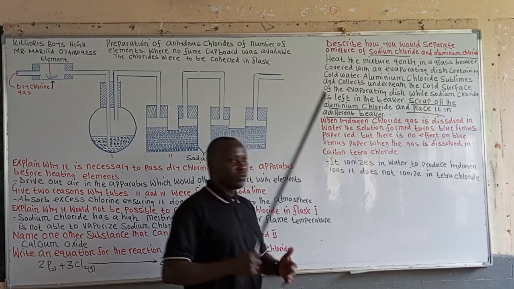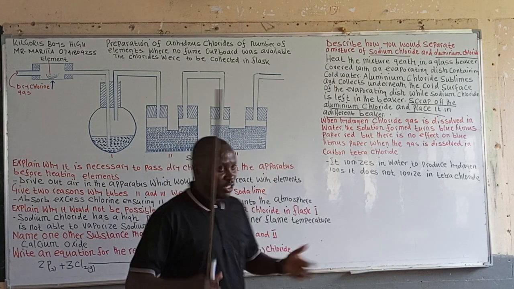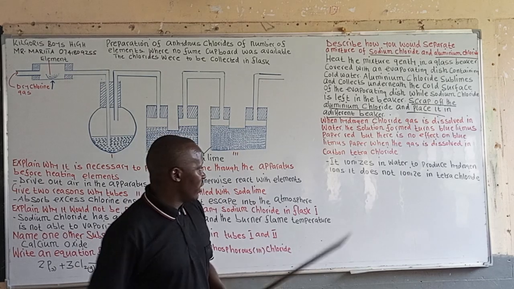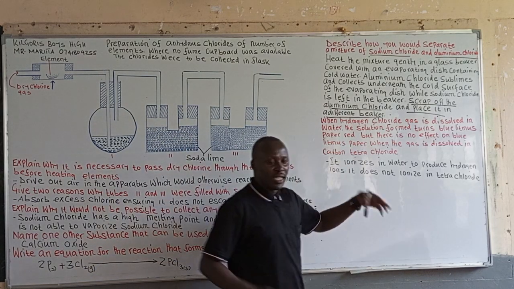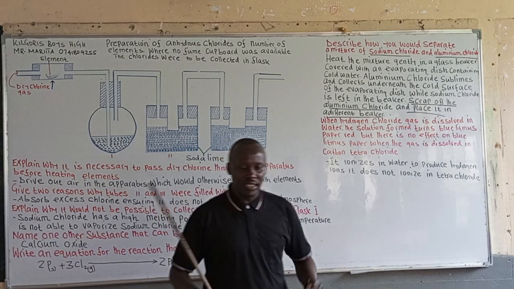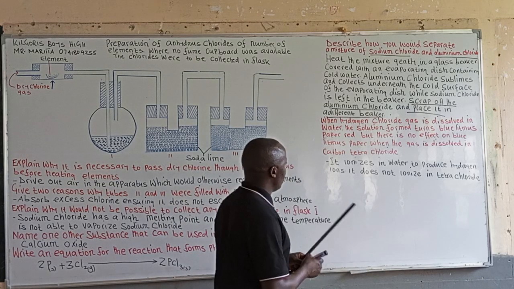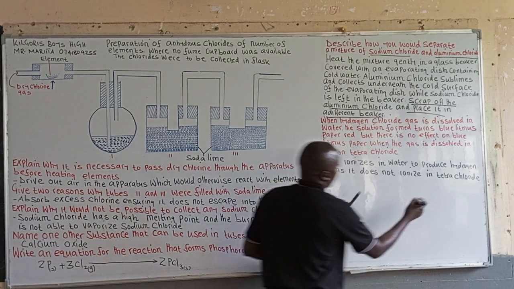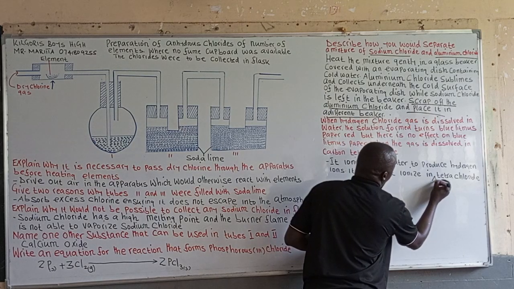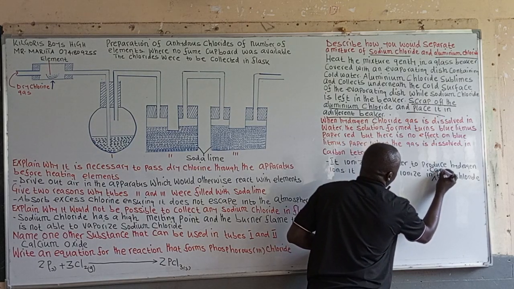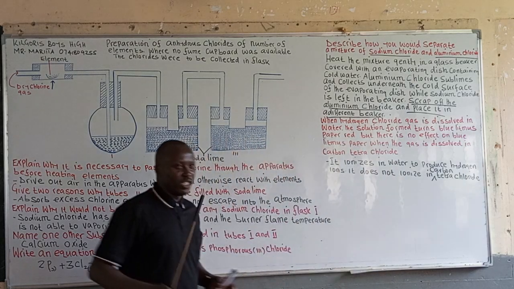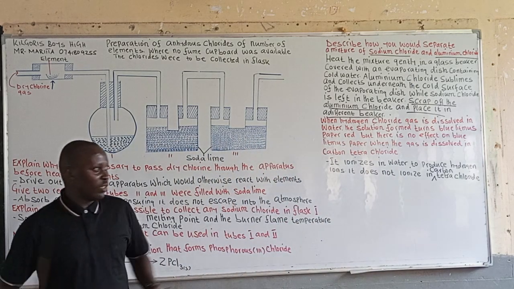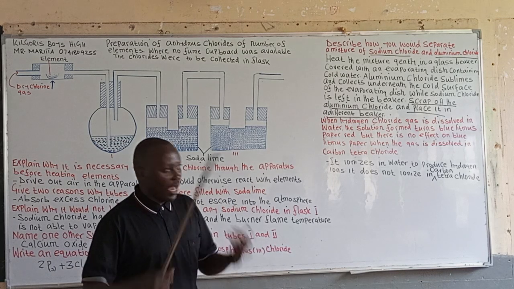So you have to say the hydrogen chloride in water ionizes, while in carbon tetrachloride it does not ionize. It exists as a molecule. In carbon tetrachloride, the hydrogen chloride exists as a molecule and therefore it cannot ionize.